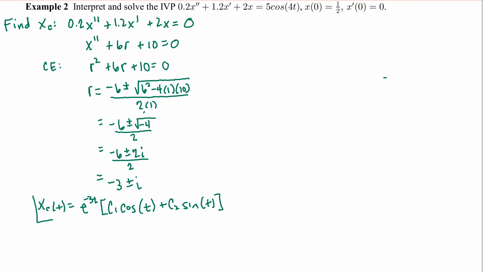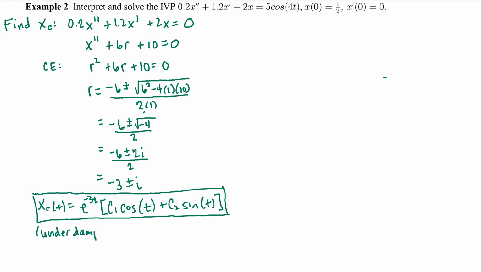So this is our complementary function, or our transient term in this case. Also notice, because of the nature of this solution, this is our underdamped case. So the mass will naturally oscillate between two exponential envelopes until it eventually settles back down to equilibrium.